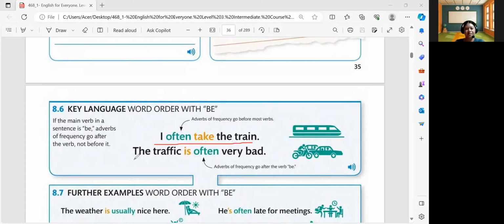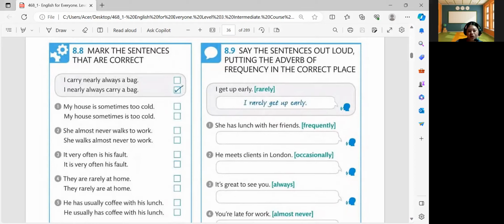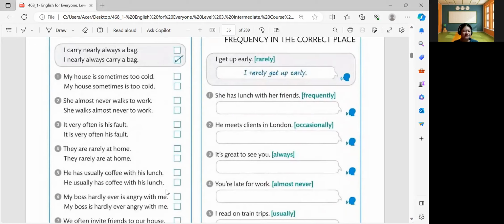I nearly always carry a bag. Okay, so that's the answer for an example. How about the second? Your answer for number one, let's check. My house is sometimes too cold. So the answer is this one.